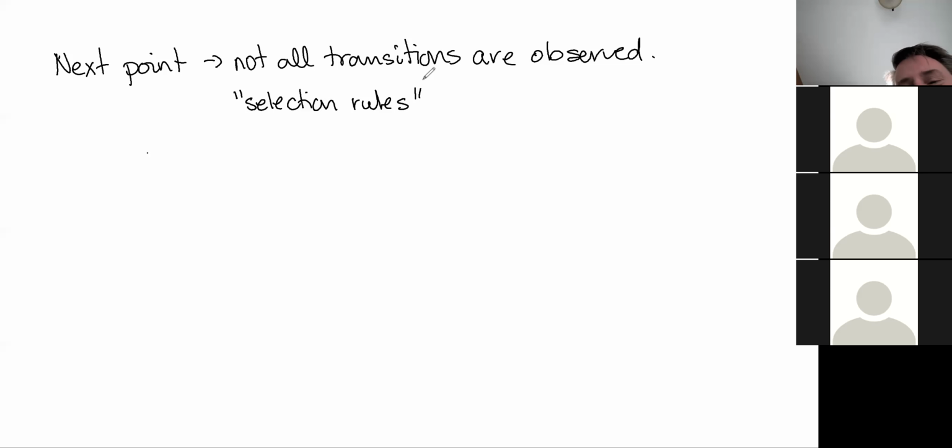So there are certain transitions that are not observed. There are certain selection rules that you have to apply. So there are such things as forbidden transitions. And the funny thing is that although they're technically supposed to be forbidden, sometimes you still see them.